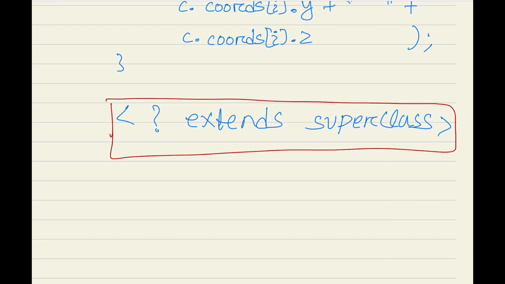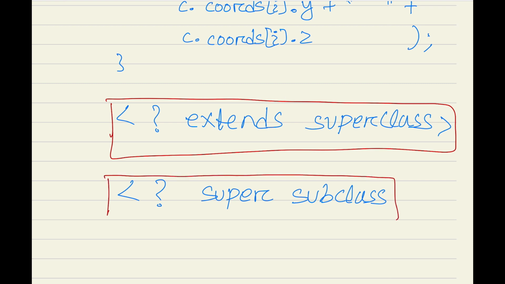Now similarly, to specify the lower bound for a wildcard, we can use the super clause. Like this we can write: wildcard super subclass. So here subclass specifies the lower bound.